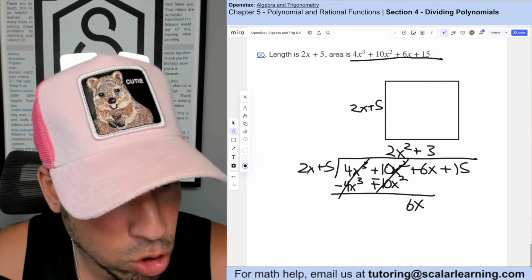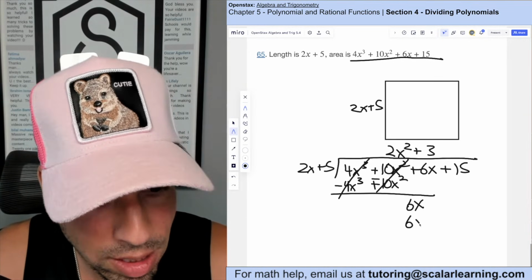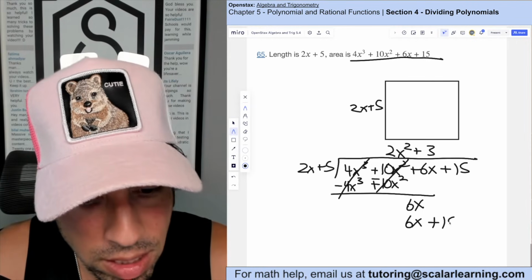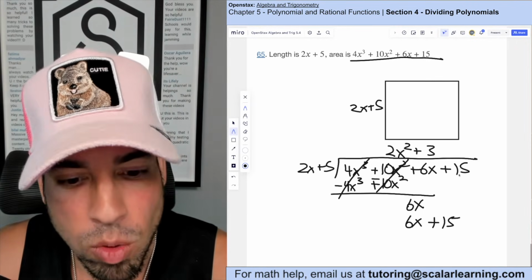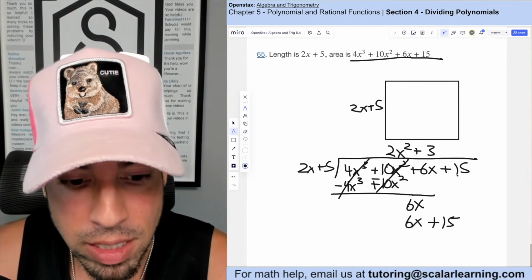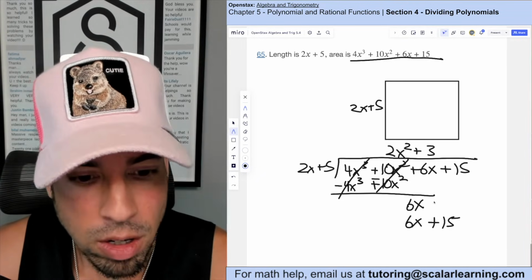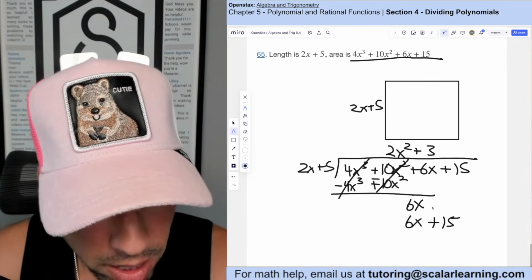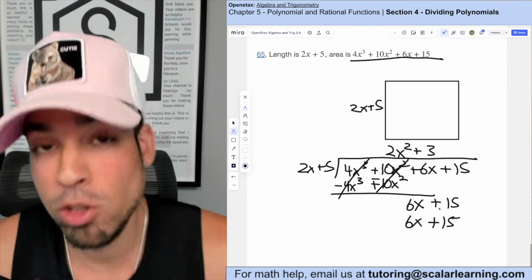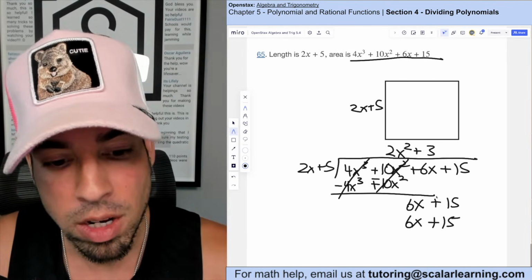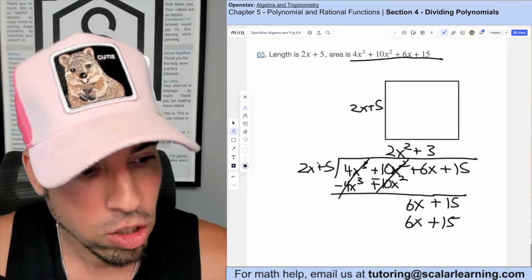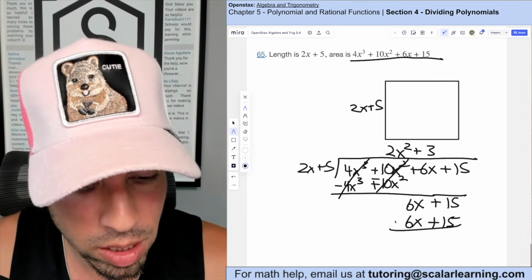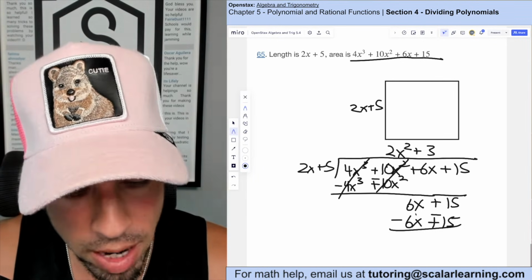3 times 2x plus 5 is 6x plus 15. And this is kind of interesting because we haven't brought this 15 down yet, but we may as well, because we have a binomial here and we may as well have that constant. You could bring it down later, it won't make a difference. Now we negate, aka subtract, and add these together.